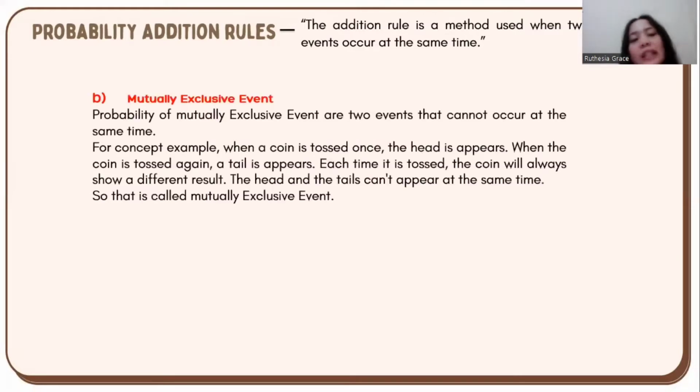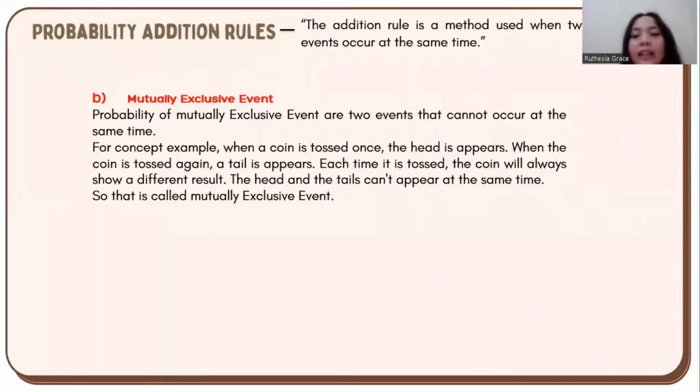Second, we have mutually exclusive events. Mutually exclusive events are two events that cannot occur at the same time. For example, when a coin is tossed once, the head appears. When the coin is tossed again, a tail appears. Each time it is tossed, the coin will always show a different result.